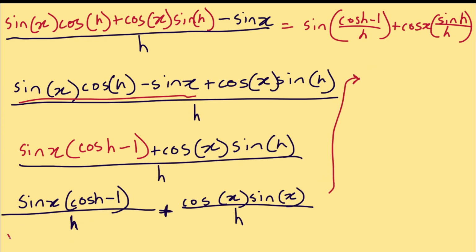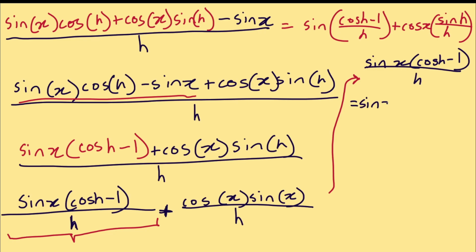We'll start with this left side part. We can rewrite this section as just sine x multiplied by (cosine h minus 1) over h. Now let's try this side.